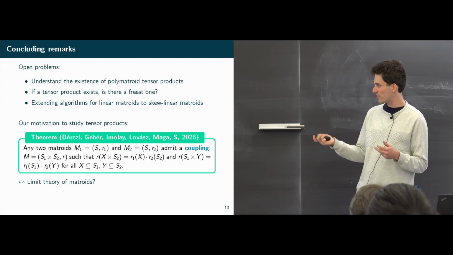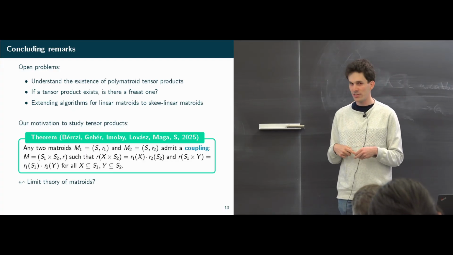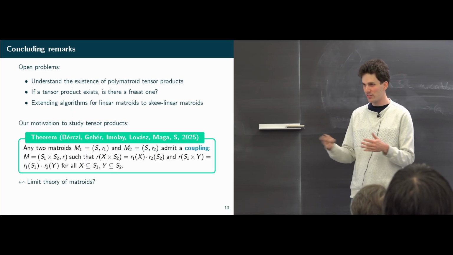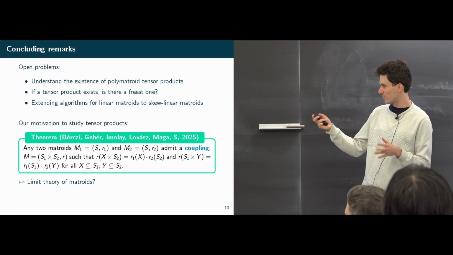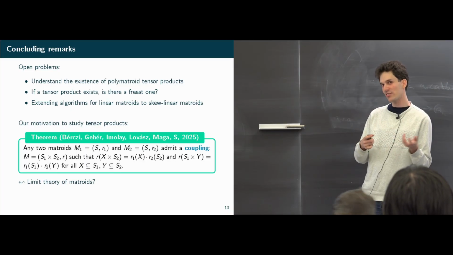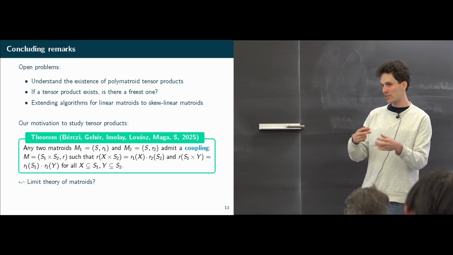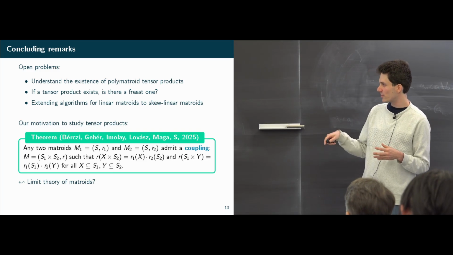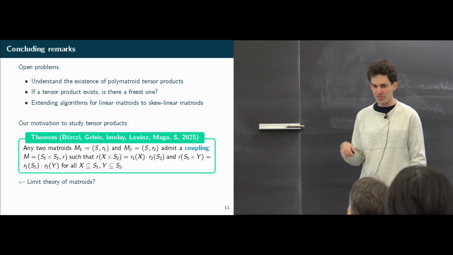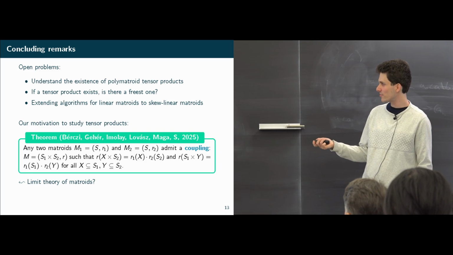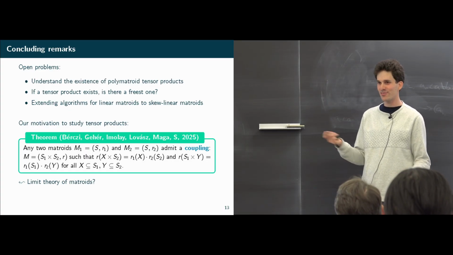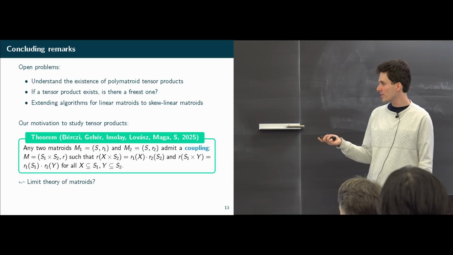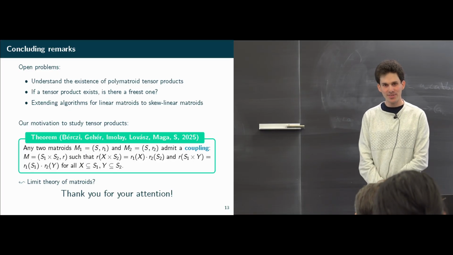The idea was that this coupling of two matroids, or more generally of any number of matroids, will be useful because it defines some matroid that contains some other matroid in some sense. And if we do this for a sequence of matroids, then we have some object at least. So that's how our work originally started, but we got quite far from the original motivation of developing the limit theory of matroids. Yeah. So thank you, that's all I wanted to say.